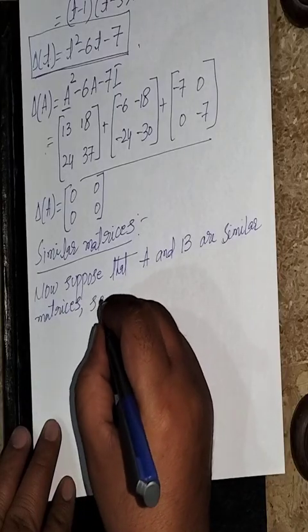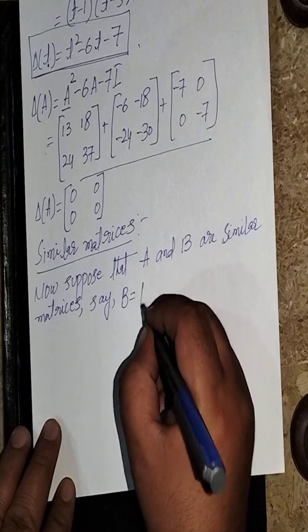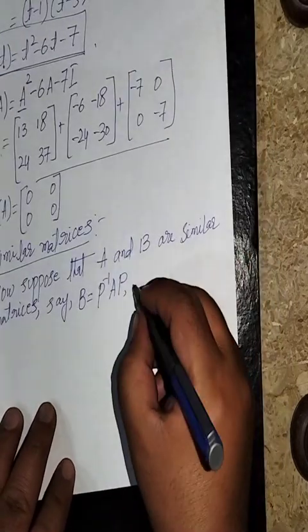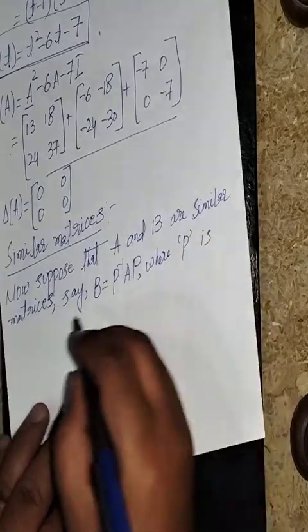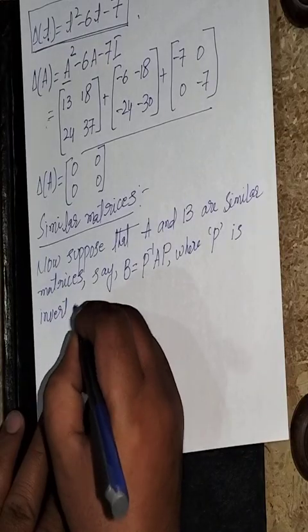Similar matrices, what are they? That B equals P inverse AP, where the matrix P is invertible. Invertible means its inverse exists.